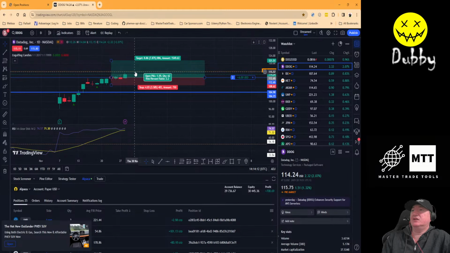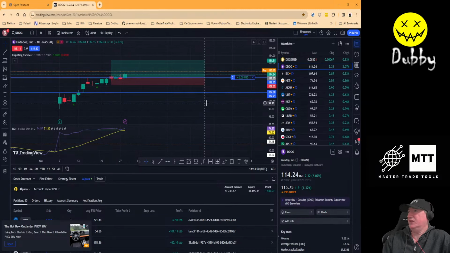Moving on. Datadog. Here's our position. Looks like we've got a little ways to go before we get to our take profit point. There is a chance that it could still retrace. Speaking of retracement, yesterday's pullback, I expected that, especially after such a great day coming back from Thanksgiving.